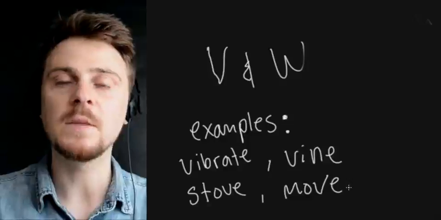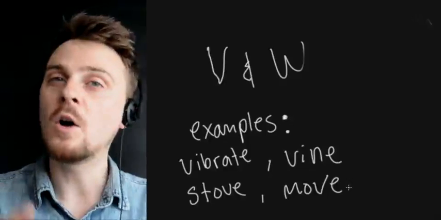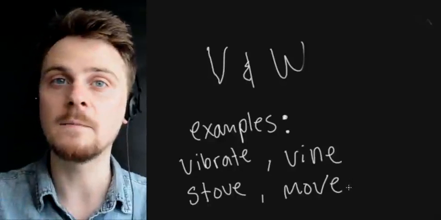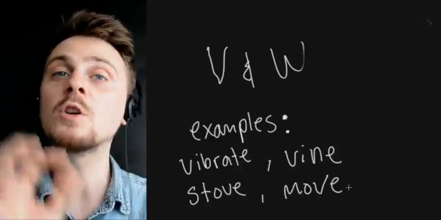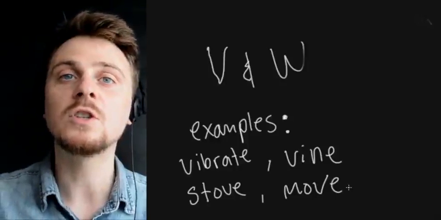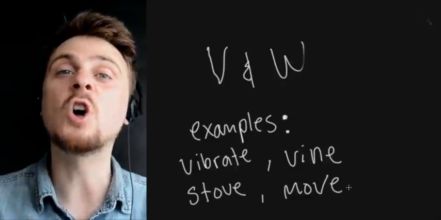This is not correct. It should just be stove. Now I know that you can't hear the V very clearly, but that's okay. As long as you make sure you do make the sound, it is correct. Stove.